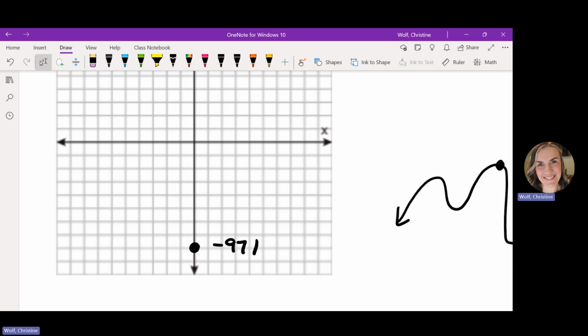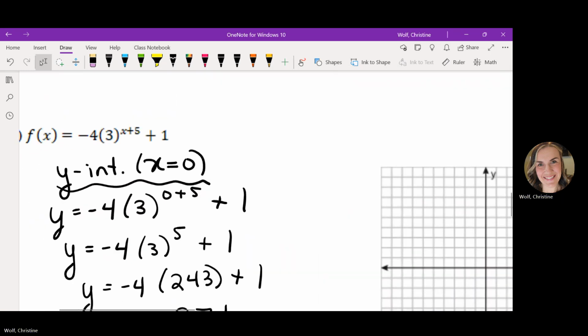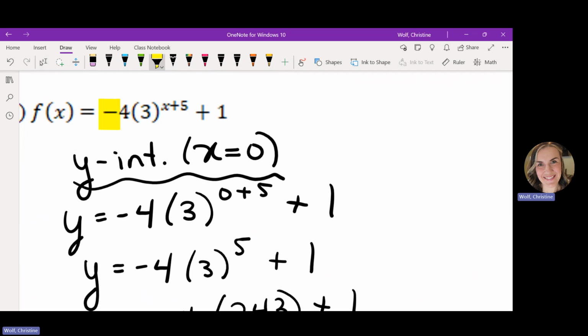Now we have to think about what this graph is going to look like. Because I see this, and that is a reflection. Any reflection I know will change the orientation of the graph. So we know also that my graph is increasing. So if I visualize the original graph, you don't have to draw this if you don't want to, it's just a good visual.